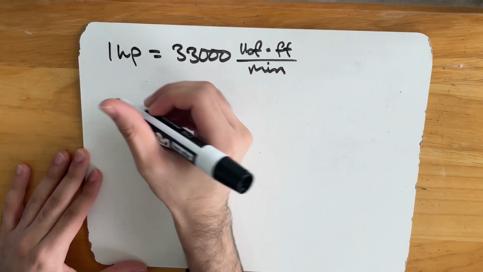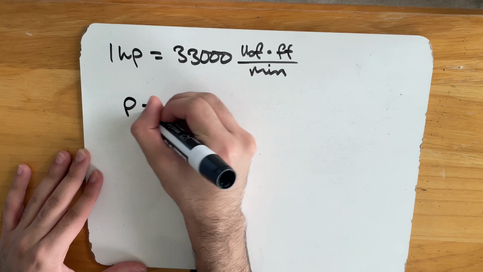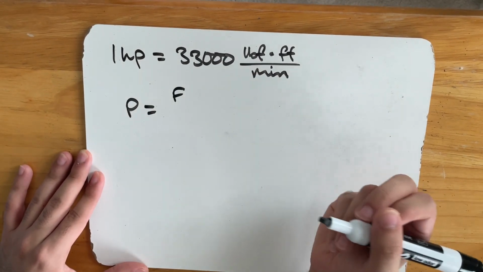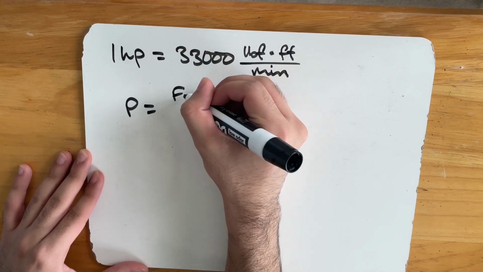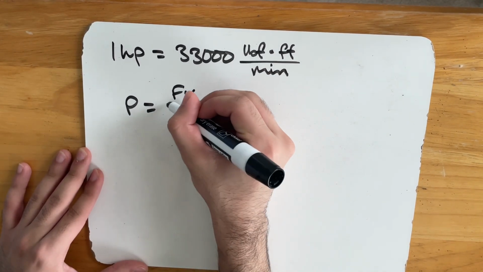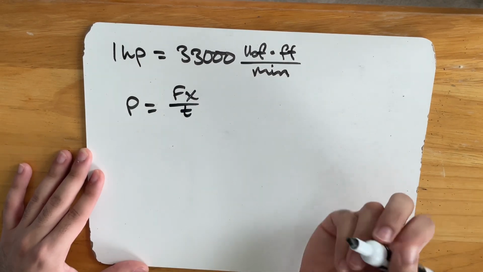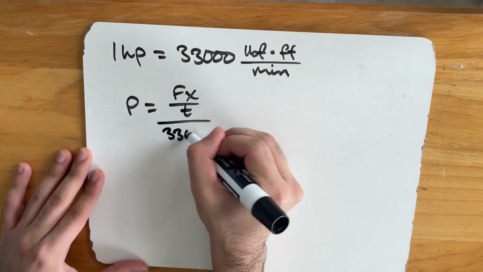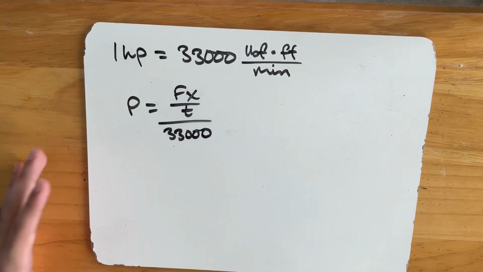So I'm going to say that power in horsepower is equal to force in pounds force times displacement, I'm going to call it x, in feet over time in minutes, divided by 33,000.